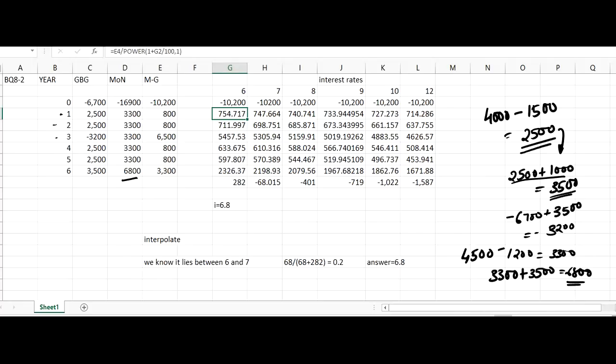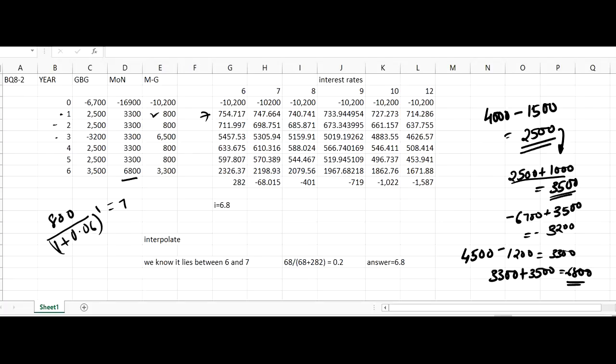The value 754.717 can be calculated as 800, that is this value, divided by 1 plus the interest rate 0.06 raised to power 1.